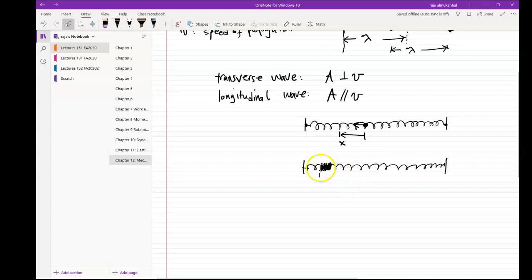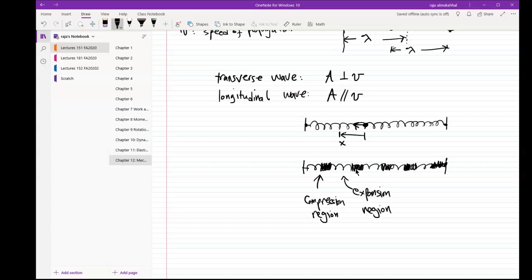So there will be a compression region, and then an expansion region, and then another compression region, and then another expansion, and so on. Okay? So this area would be called the compression region. And this one right here is an expansion region. And so on, okay?